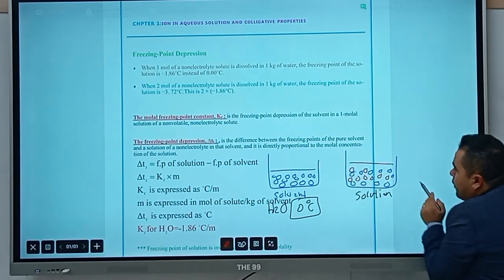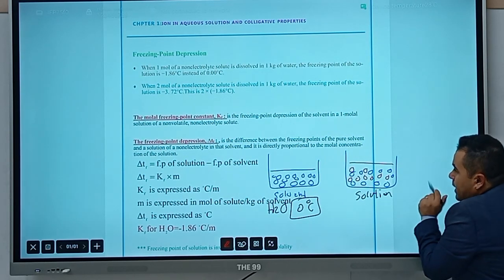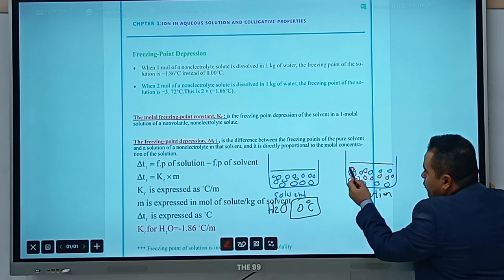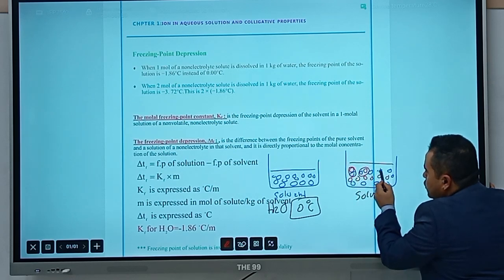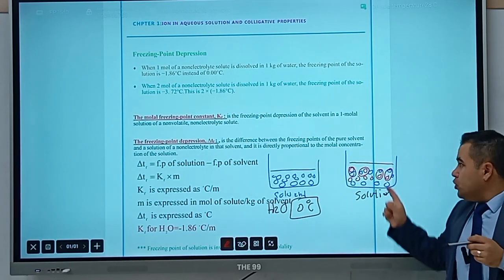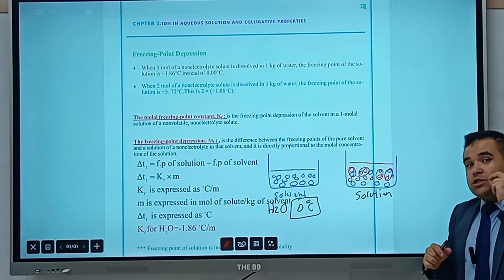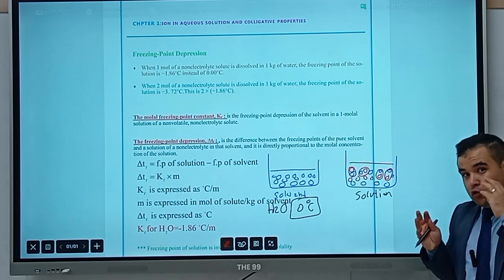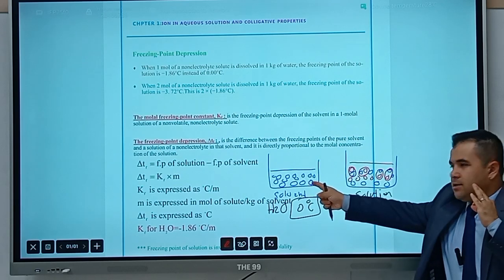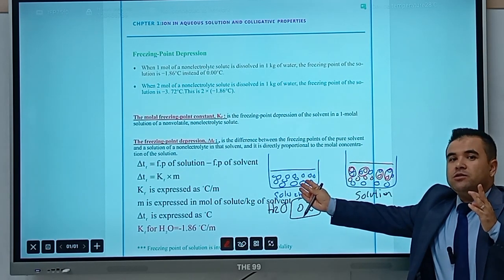But guys, what do you think about the freezing point of the solution? If you notice, as the solute is added, there will be attraction between the solute and the solvent. And the attraction between the solute and the solvent does not allow the solution to freeze at the same degree as the pure solvent, where we do not have any impurities.